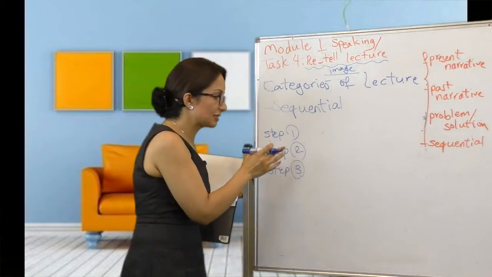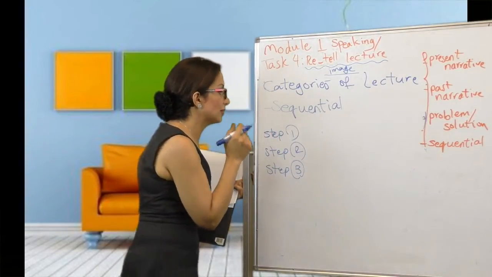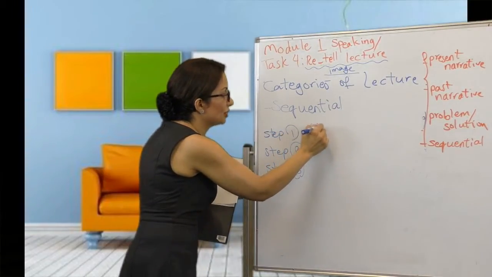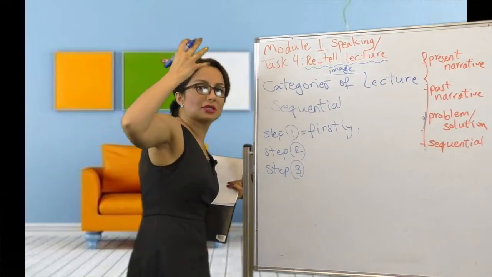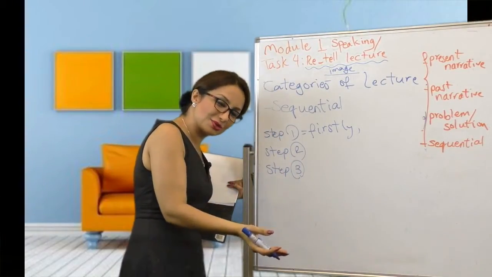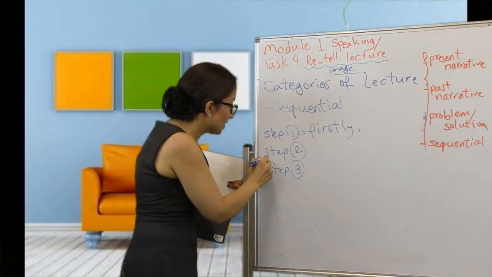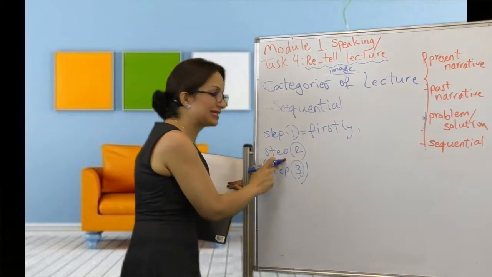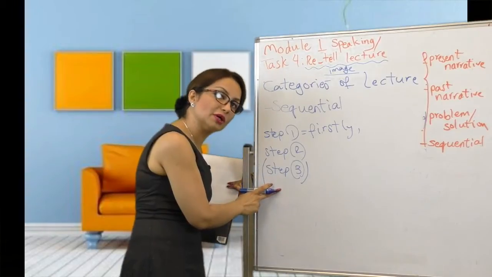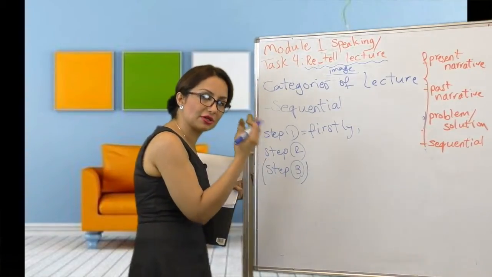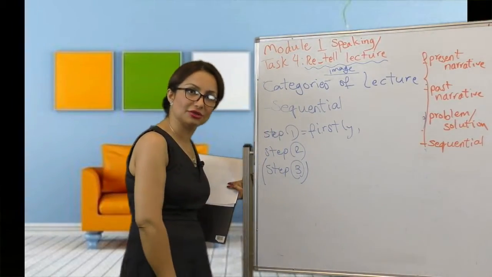And how do we know that? When you are listening to a lecture and suddenly the word firstly comes up, you should know that secondly is also coming, and thirdly. Sometimes if the first and second steps are too long, you may not hear the third one. But in most lectures, there are 3 steps in sequential category.